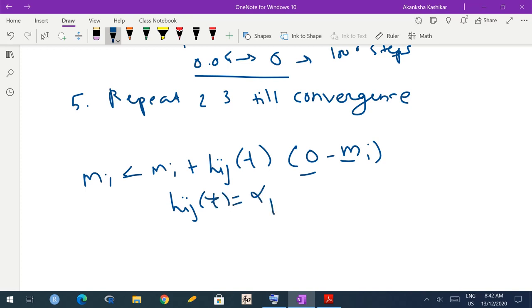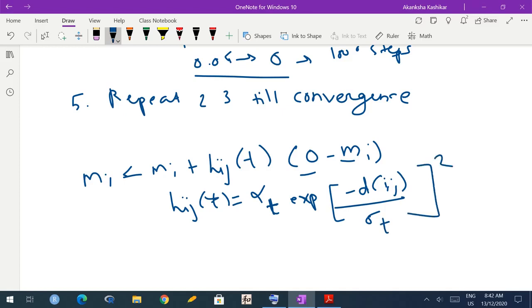So alpha(t) is the learning rate at that time point, means at that step wherever you are in the iteration, times e raised to minus d_ij upon, say, sigma(t) square. You can take something like that. So as I said, it is minus d_ij. If the distance is high, then h_ij would be low, because that cluster should be less affected by the introduction of a new observation in the jth cluster.